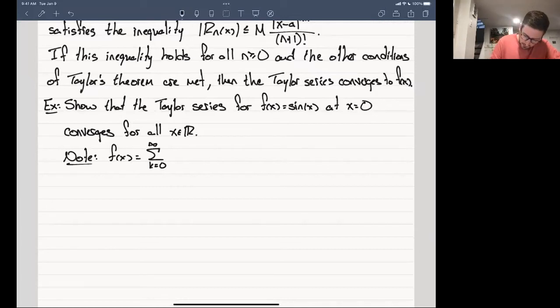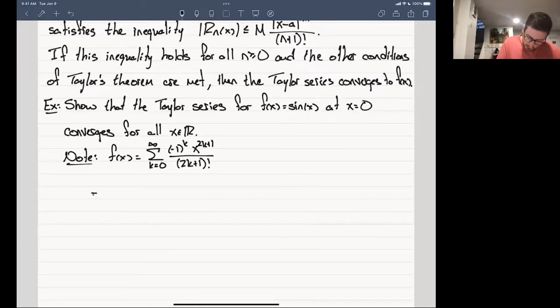We get (-1) to the k, x to the 2k plus 1, divided by (2k plus 1) factorial. Now, if you remember, the cosine series was (-1) to the k, x to the 2k, only even terms, divided by (2k) factorial. Sine is an odd function. It only has odd elements in its Taylor series.